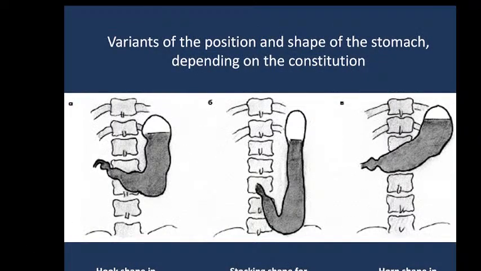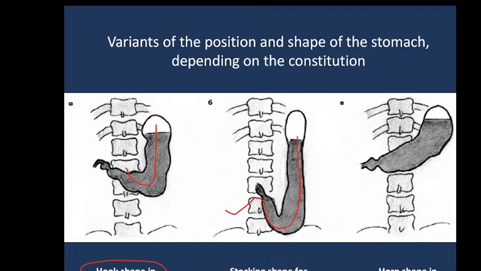There are different variants of the position and shape of the stomach. In normosthenic people, it has a shape like a hook for catching fish, and then a stocking shape, usually, sometimes something like this.